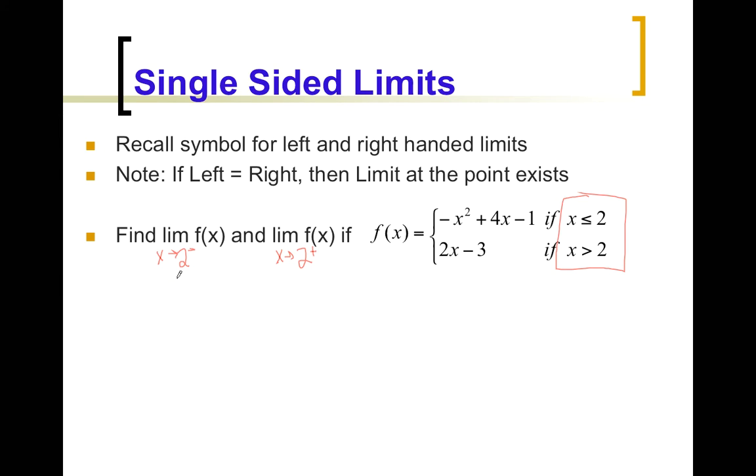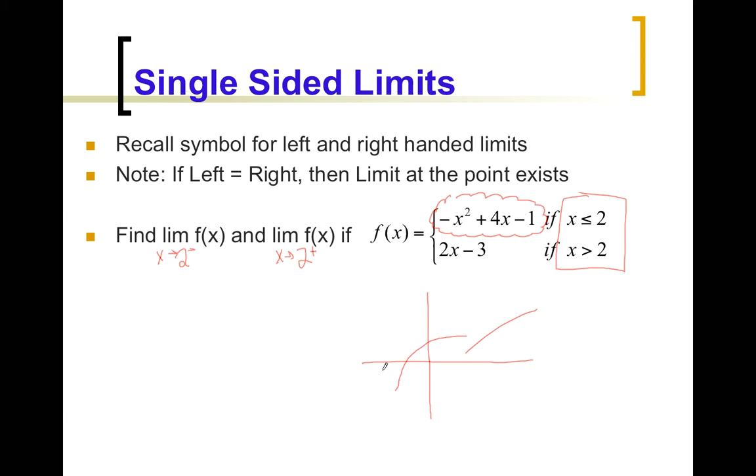But all we have to do is go back to thinking about direct substitution in some of these cases. As x approaches 2 from the left-hand side, we're going to use the left-hand side function, the negative x squared plus 4x minus 1. Let's say it looks like this, and then 2x minus 3 looks something like this.